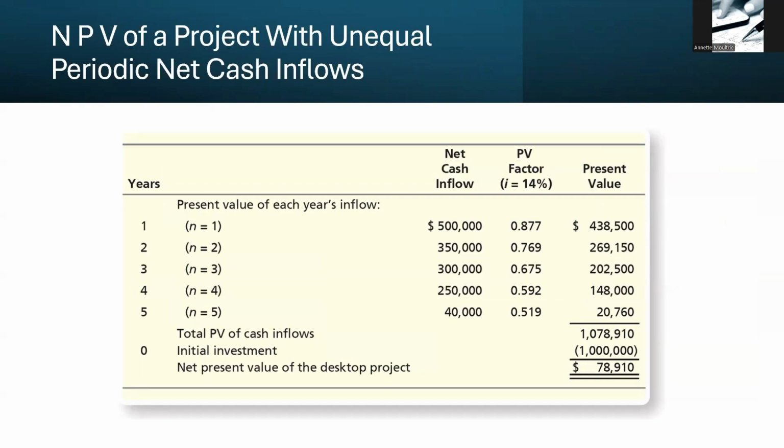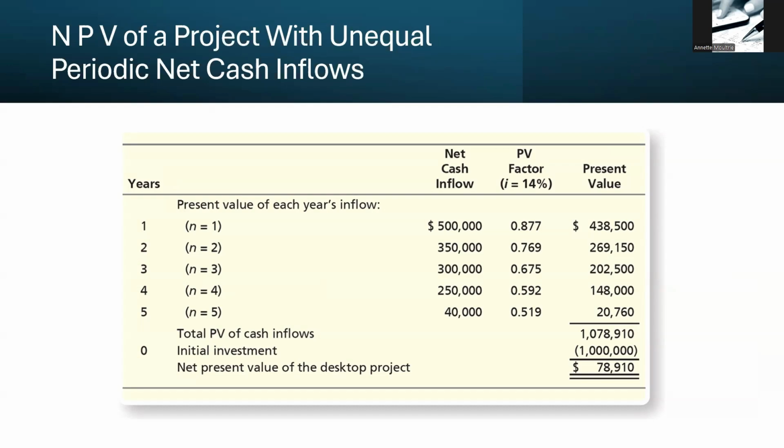NPV of a project with unequal periodic net cash inflows. In contrast to the laptop project, for the desktop project, the net cash inflows are unequal: $500,000 in year one, year two is $350,000, year three, $300,000, year four, $250,000, and year five, $40,000.